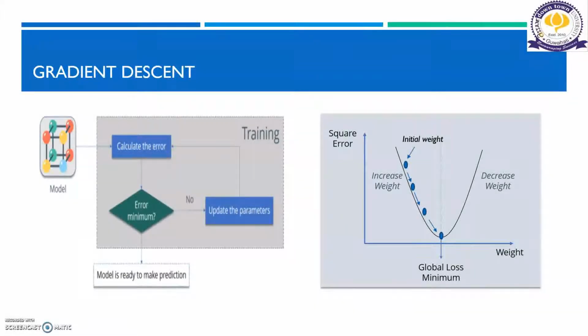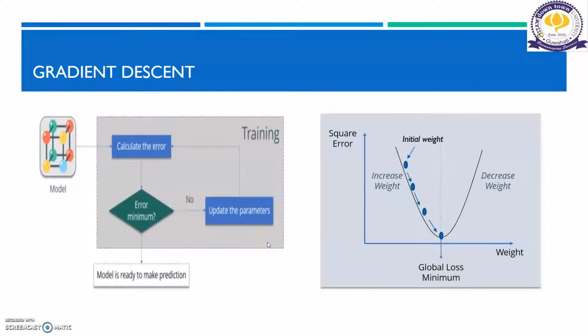Initially we randomly initialize our weights, so the error is higher. Every time the error is higher, it either increases or decreases the weight in small steps until it reaches the global loss minimum, updating its weight value until it reaches the global minimum.